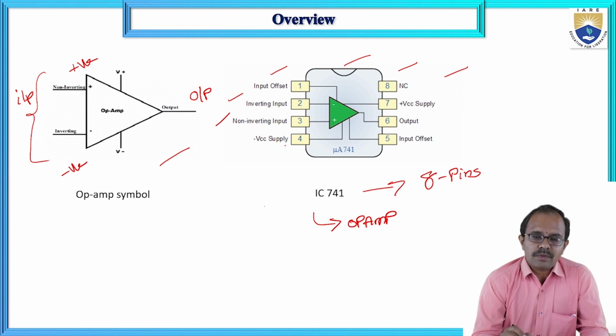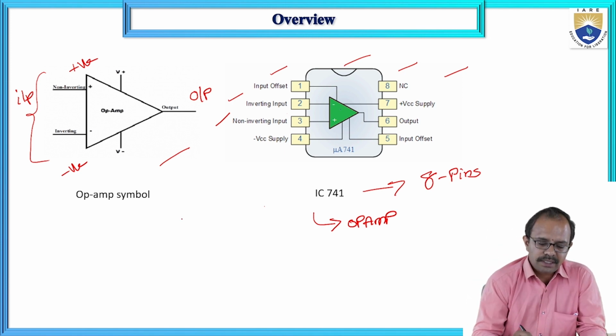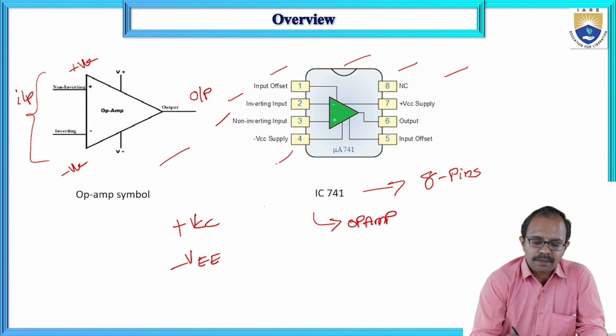And if you remember, the operational amplifier has two bias voltages. What are they? One is plus VCC and the other is minus VEE. We have two biasing voltages. Where do you find these two biasing voltages in the pin configuration? If you observe, pin number 4 represents the minus supply.